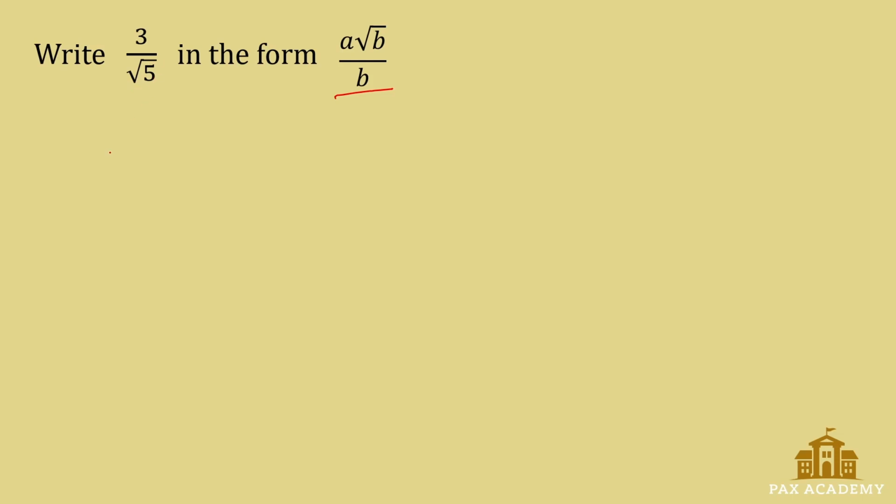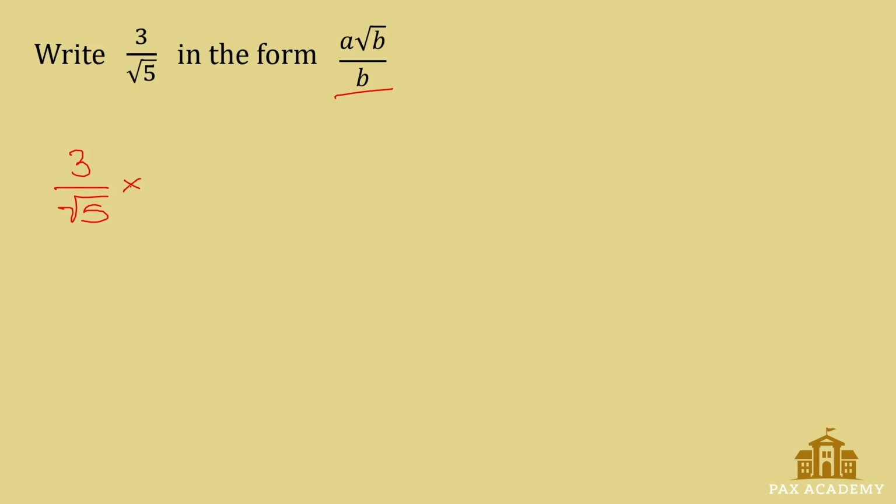Okay? So let's see, we have 3 over the square root of 5. Now, in order to get rid of the square root in the denominator, what we need to do is multiply each term of this fraction by the denominator. So in this case, we need to multiply each term by the square root of 5.